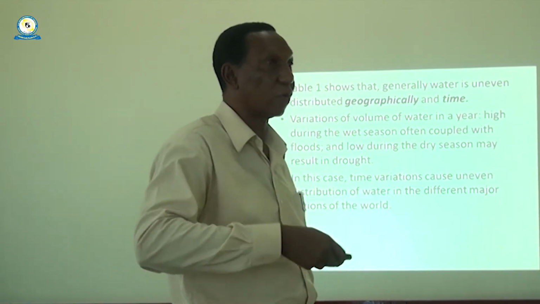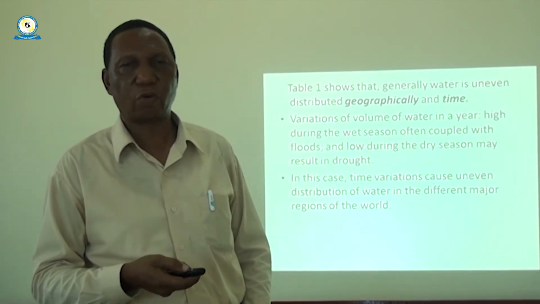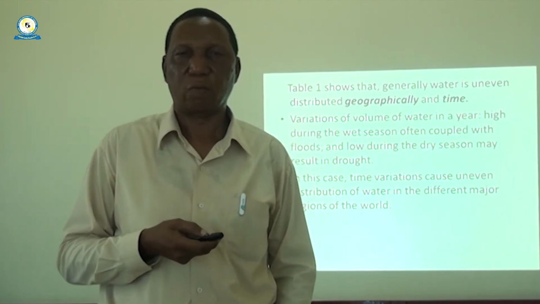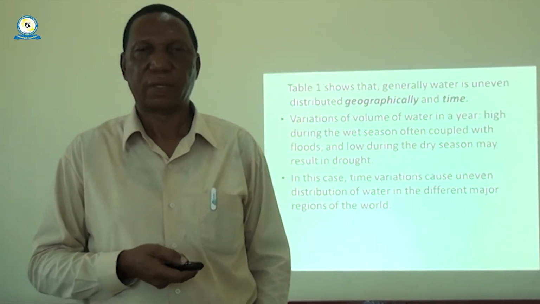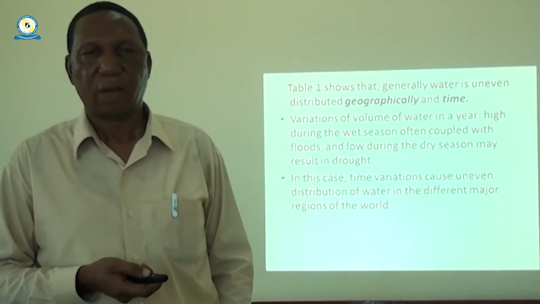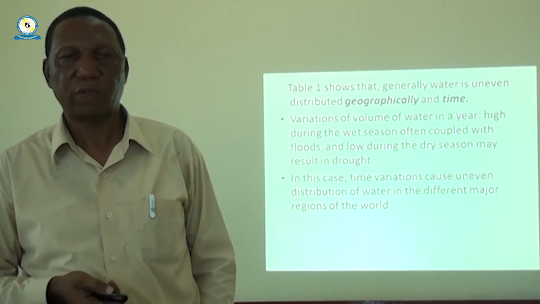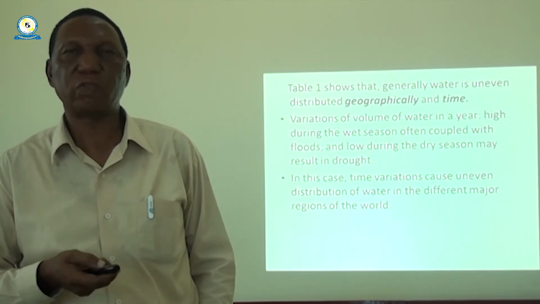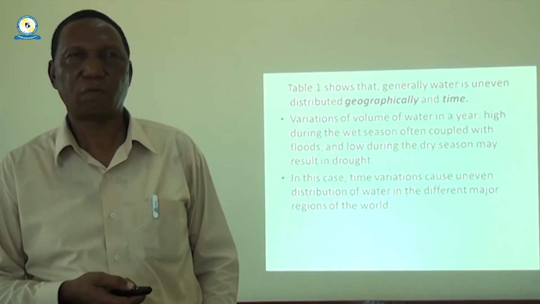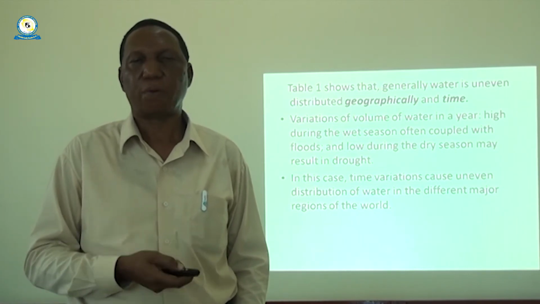So the amount of water keeps on fluctuating depending on the ecological condition, particularly weather, seasons, and moreover, in this case, time variation causes uneven distribution, because during the dry season you have less water, but during the wet season you have ample water.